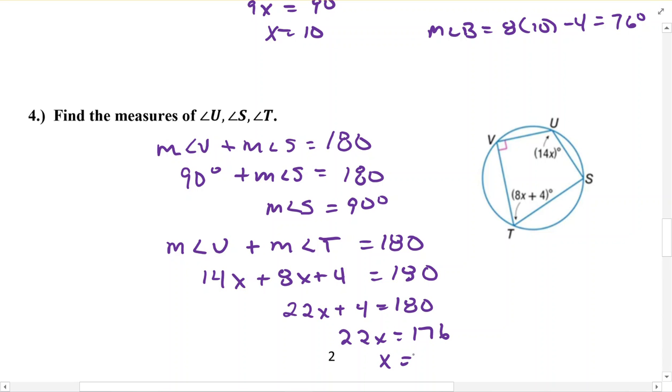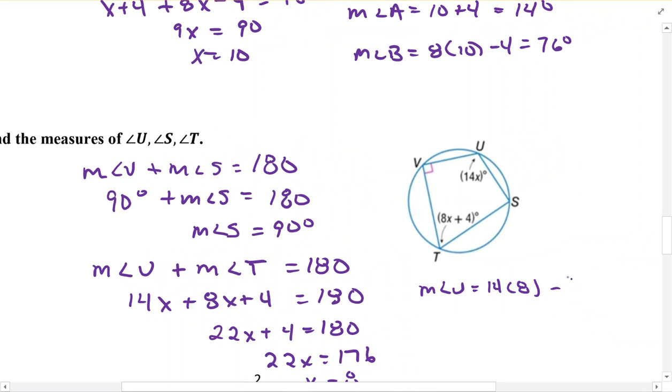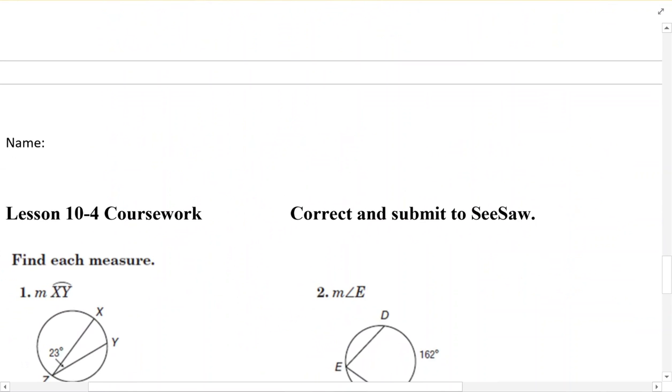Divide both sides by 22, we get that x equals 8. So the measure of angle U equals 14 times 8, which gives us 112 degrees. The measure of angle T equals 8 times 8 plus 4, which gives us 68 degrees. And that concludes the lesson for 10.4.